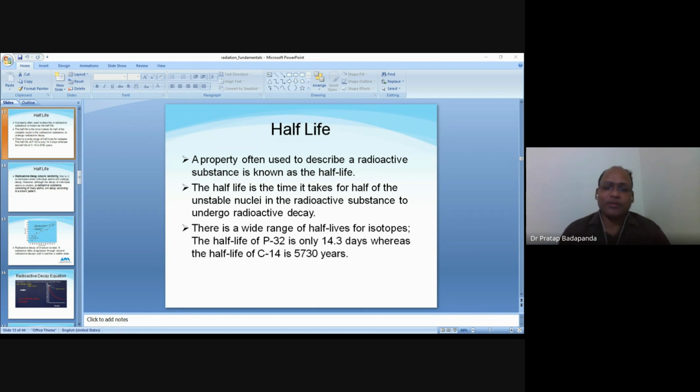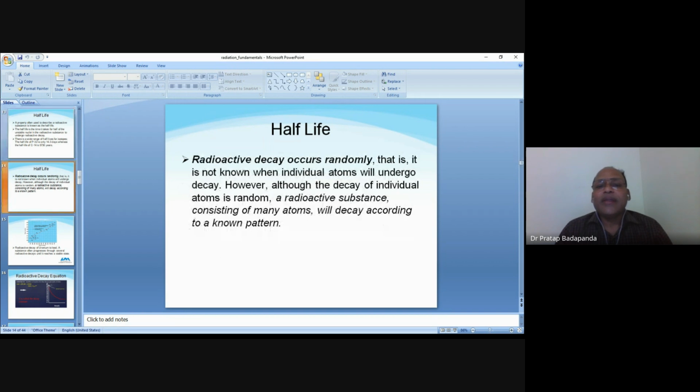It is radioactive, but not a strongly radioactive substance. Next, radioactive decay occurs randomly. It is not known when an individual atom will undergo decay. However, a radioactive substance consisting of many atoms will decay according to a known pattern.